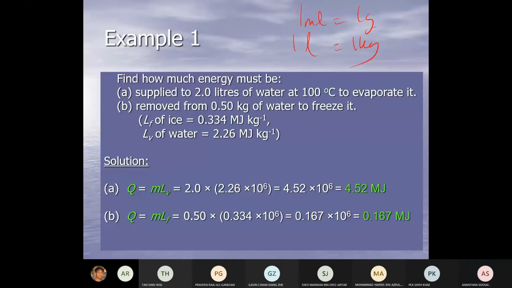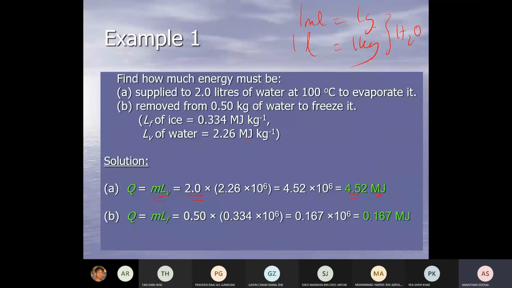This value is only for H2O. So of course the formula that must come to your mind is ml. So mass is 2 kilogram, 2 liter is like 2 kilogram. And the specific latent heat of vaporization is used. And you get the final answer, the amount of energy required. Be careful here, the unit is megajoule. So the final answer is in megajoule.